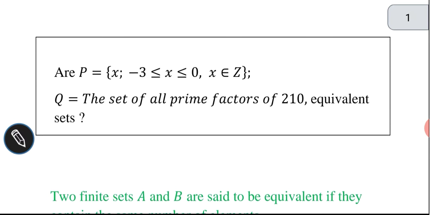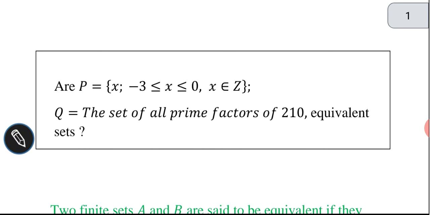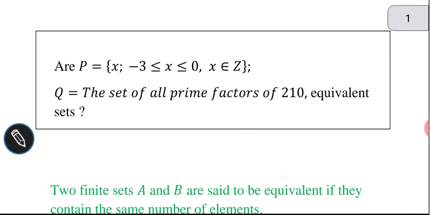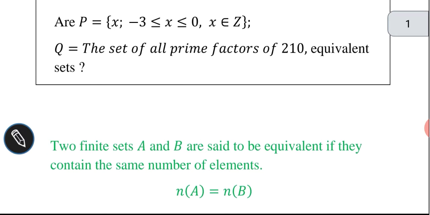Before solving this problem, we should know what equivalent sets are. Two finite sets A and B are said to be equivalent if they contain the same number of elements. So we have to check whether the two given sets have an equal number of elements or not.